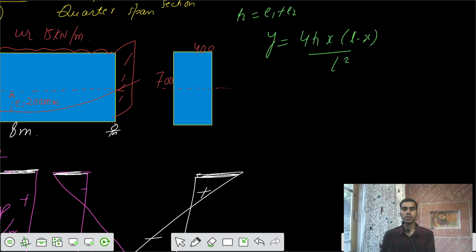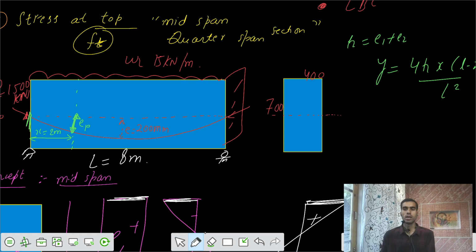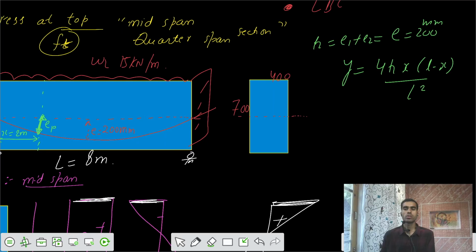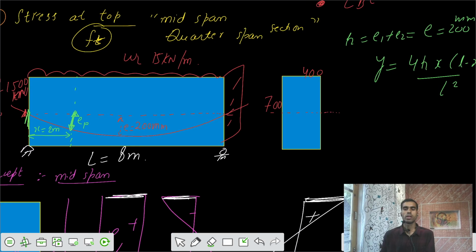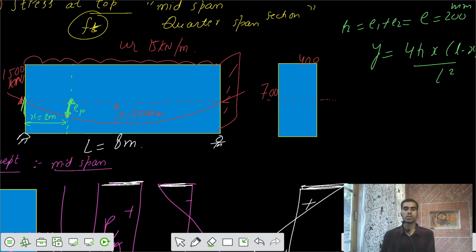But for this case, the eccentricity at the end is equal to 0, so e1 is 0, and e2 is actually equal to 200 millimeters, so h equals 200 millimeters. Let's substitute that. I want to find the value of y, that means the eccentricity of that load P at the quarter span section, such that I can calculate the stresses.